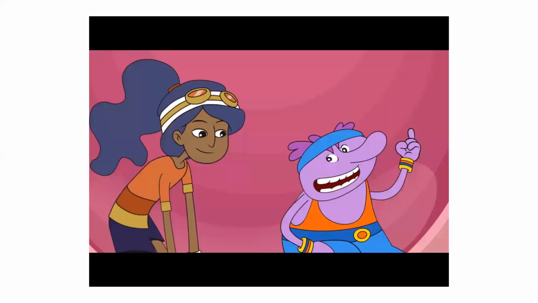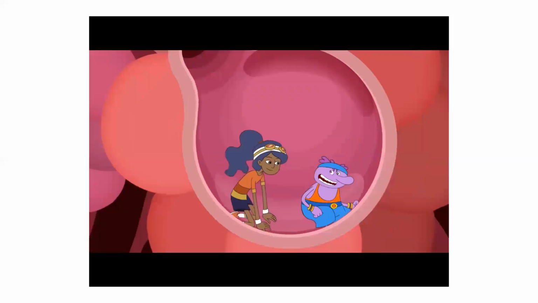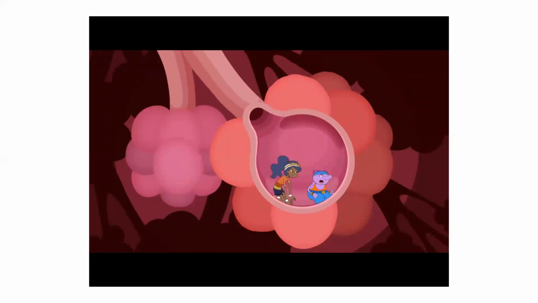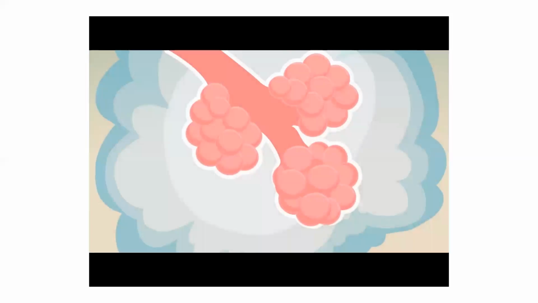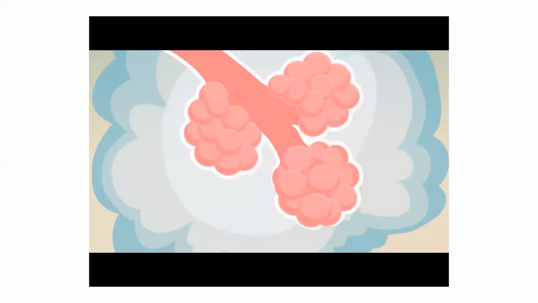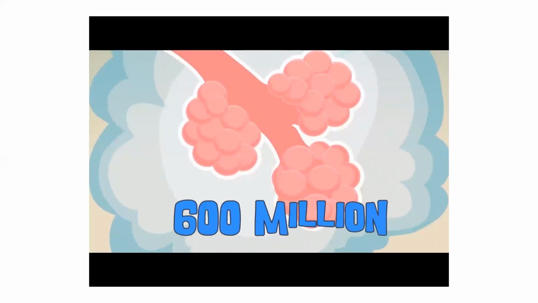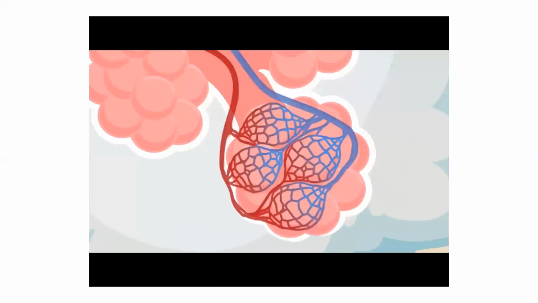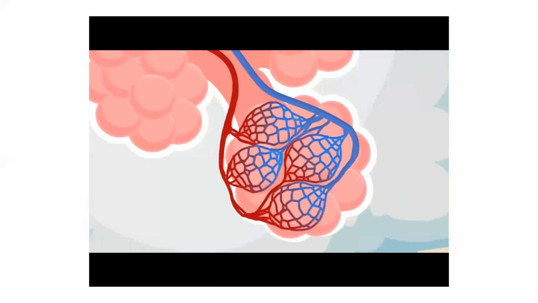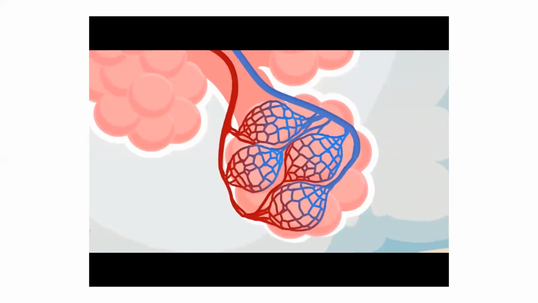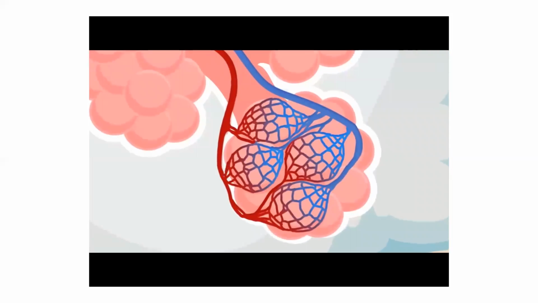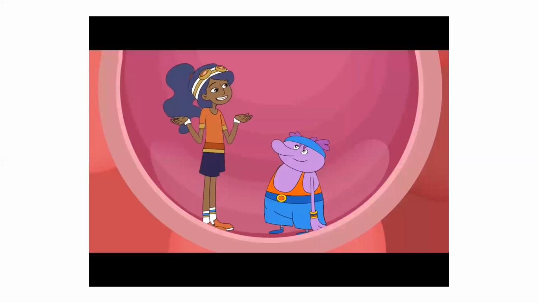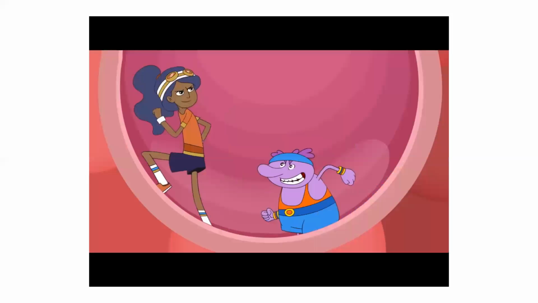This is where the magic happens, where oxygen from the air we breathe gets absorbed into the blood. Alveoli are tiny air sacs at the end of each bronchiole. There are about 600 million alveoli in the lungs. Each has a mesh-like covering of very small blood vessels called capillaries. Oxygen travels into the blood through the alveoli into the tiny capillaries that surround them. Fantastic! Oh, right. We've got a race to win.